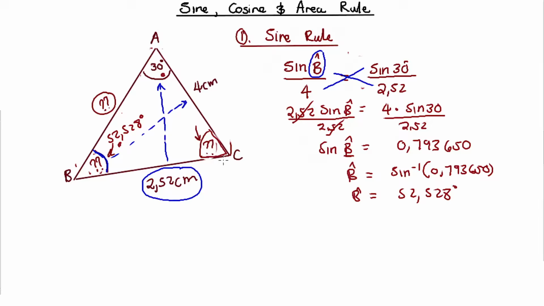This allows me to calculate angle C using the sum of angles in a triangle. So angle C is just going to be equal to 180 minus 52.528 minus 30 degrees.